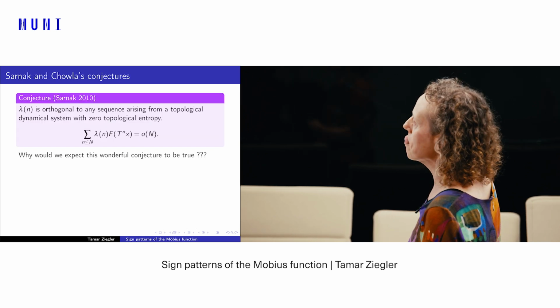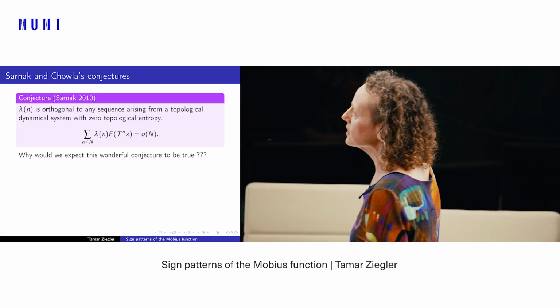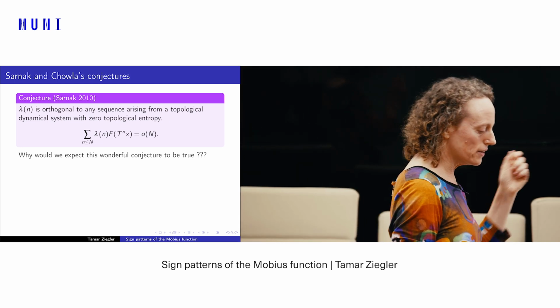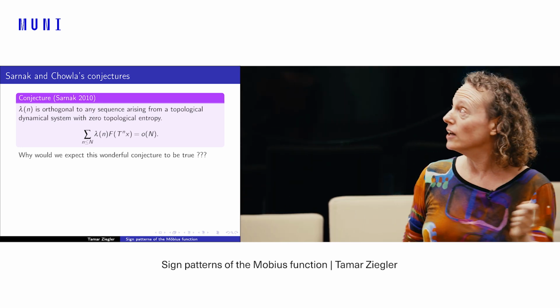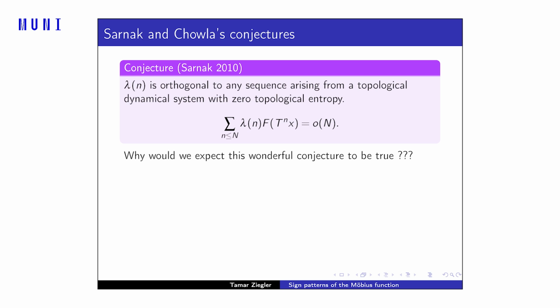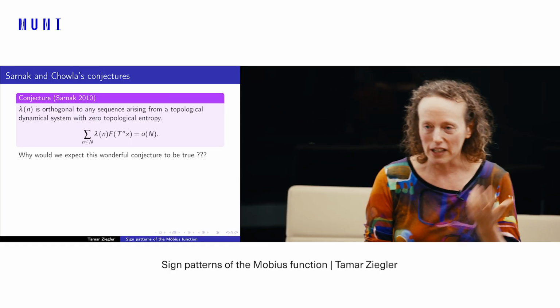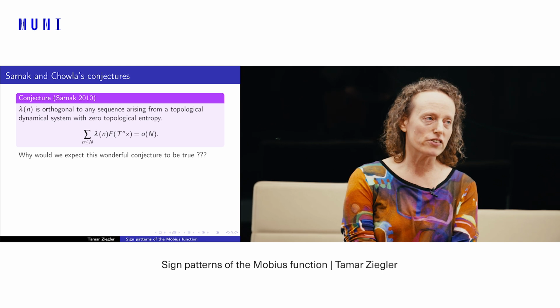Okay? So back to this conjecture of Sarnak. Sarnak says lambda(n), this Liouville function, this multiplicative function, should be orthogonal to any sequence arising from a system like the system I described. That's enough to think about these systems. Okay? And I remember hearing this conjecture when he came up with it, like, I don't know, 15 years ago or something.